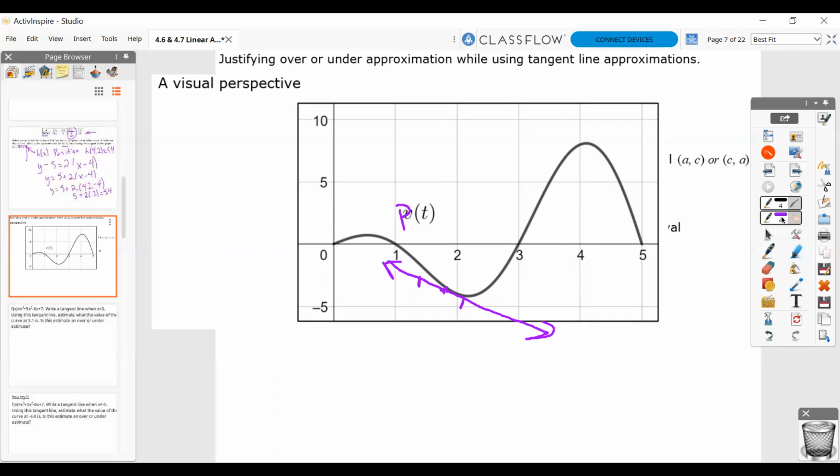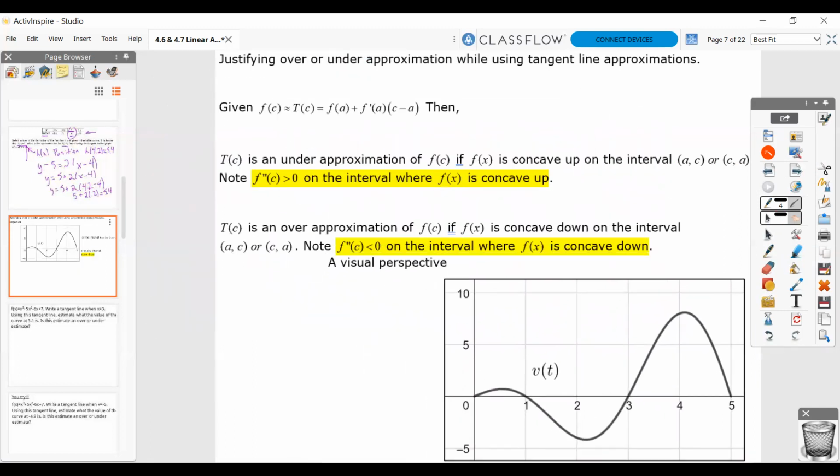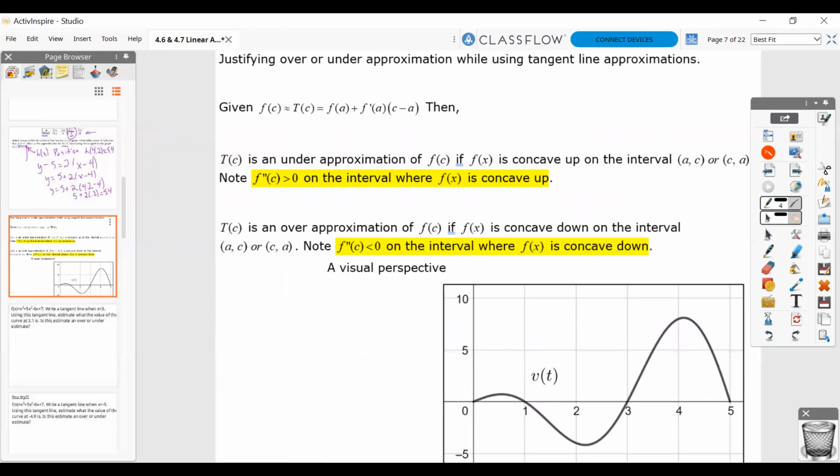Whereas if we change this to somewhere where it's concave down, for example, something like this, if I have my tangent line at that point, any point even close by is going to be an overestimate, because our line is always going to be above this concave down curve. And so the big takeaway here is that if it is concave up, we're going to have an underestimate. If it's concave down, then our estimate is an overestimate.